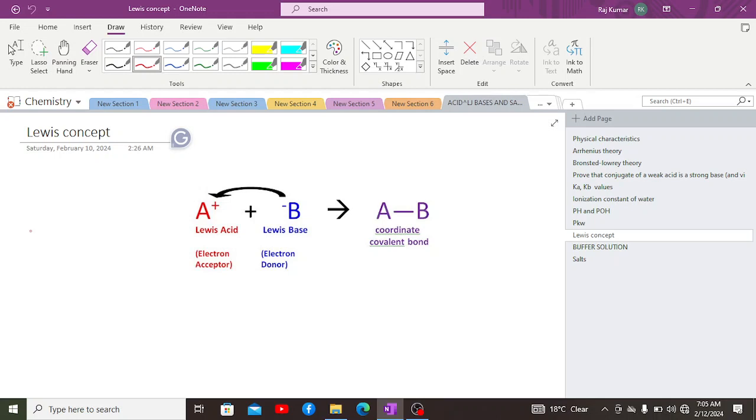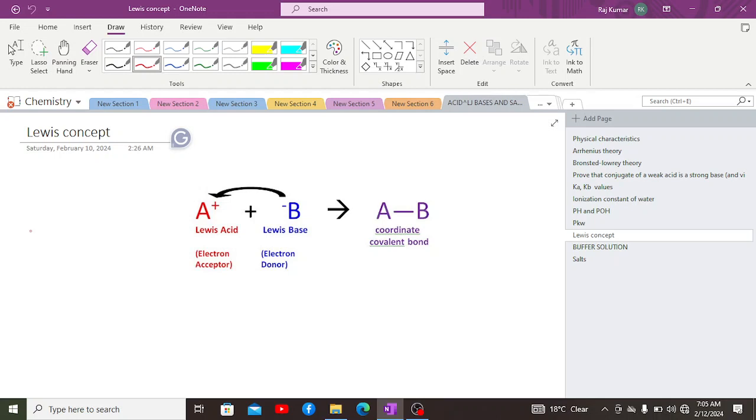After that, another concept given here is that cations basically have a positive charge, which means cations are capable of accepting electrons. As they're capable of accepting electrons, these will be considered Lewis acids.